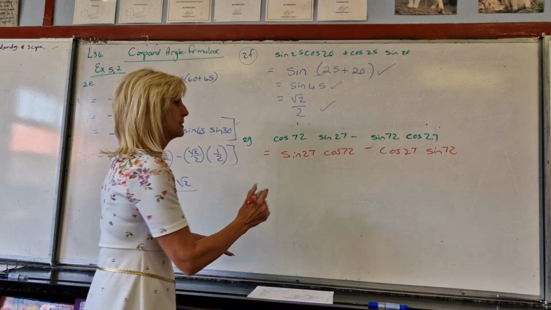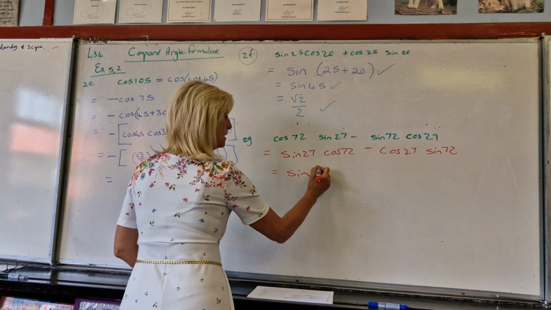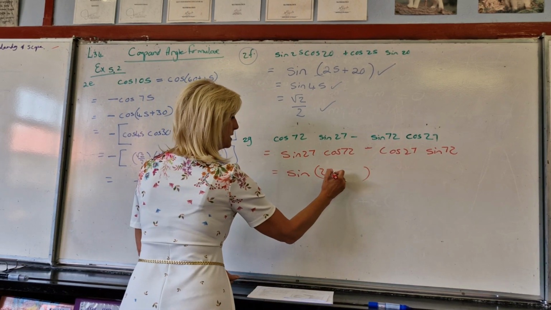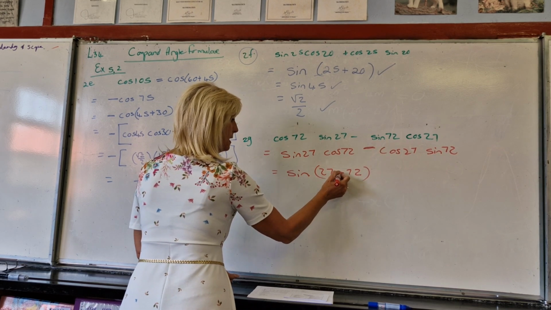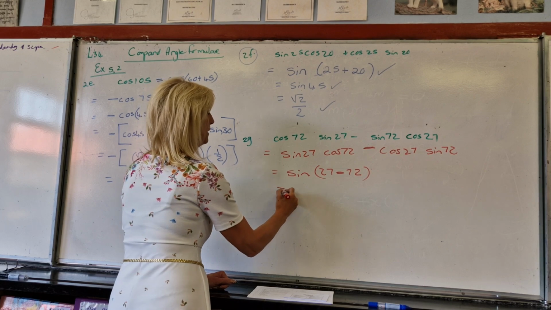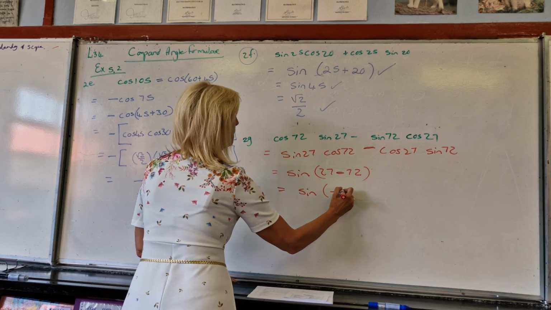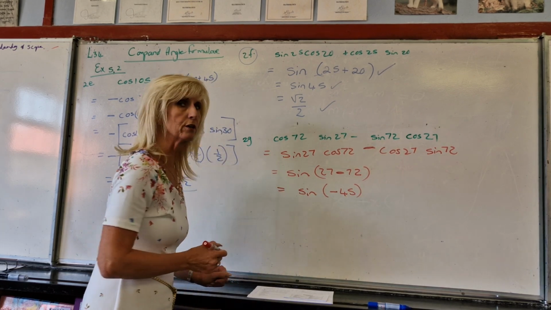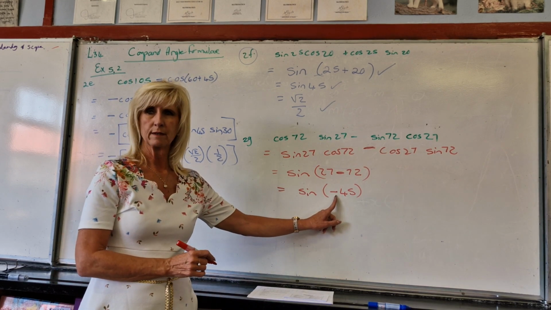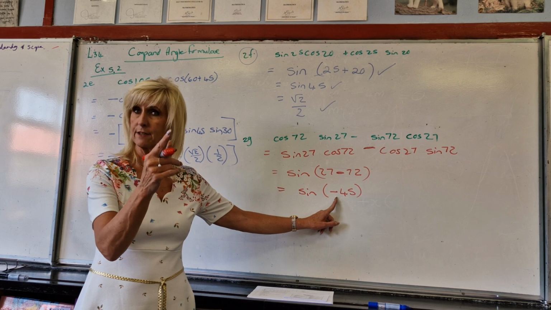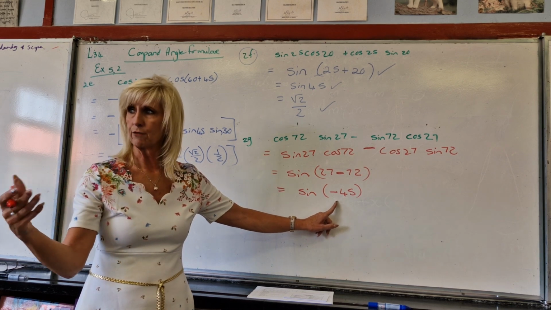Now I know that it's definitely the sin compound angle, and the angle is 27 and 72. And the minus, because it's sin, will stay as a minus. Which gives me sin minus 45. Very important, not 45, minus 45. Which is the negative angles reduction formula.